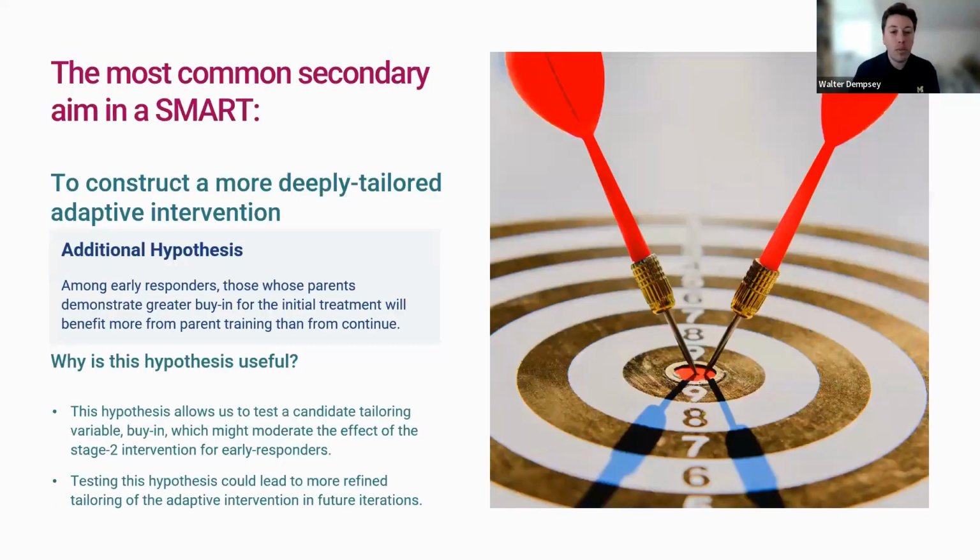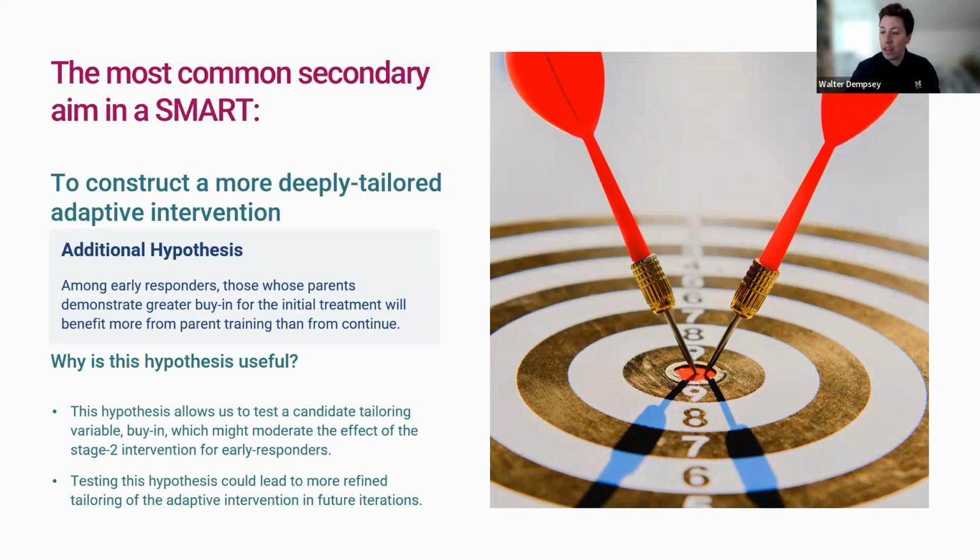And then there's the follow-up question. So the 1 through 3 are the basic questions you're going to answer. They're your primary questions. They're about initial options, secondary options, and the most important embedded adaptive interventions that you care about. But of course, now you have data from a SMART, you can ask a bunch of secondary questions as well. And the typical secondary questions are about constructing more deeply tailored adaptive interventions.